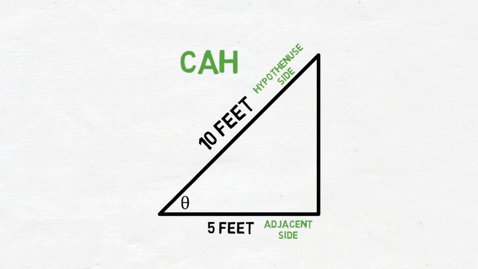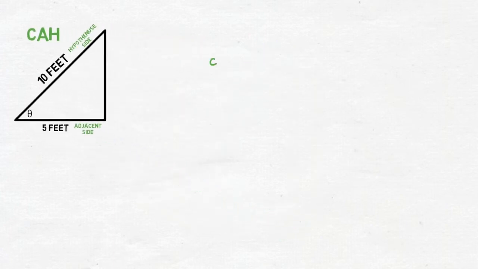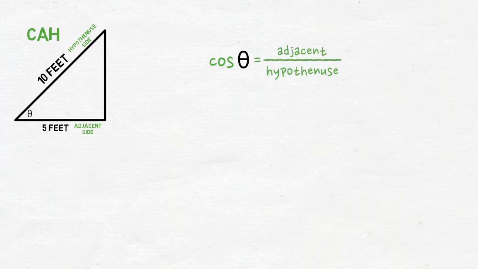Cah! Very good! Now we write cosine theta equals adjacent over hypotenuse. By substituting the values, cosine theta equals 5 over 10, or 1/2. With this, what angle, when you get its cosine, will give you 1/2? Well, it will probably be useful to use a calculator.